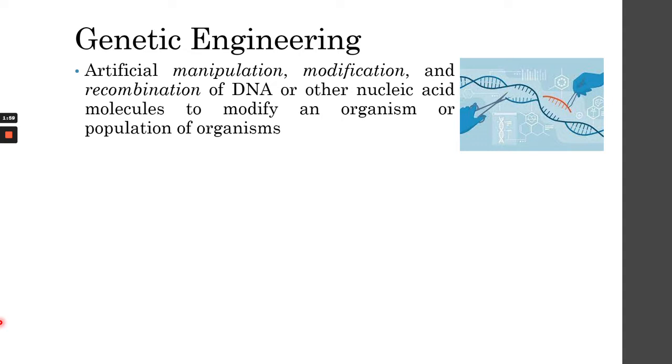DNA contains the information that the body needs in order to create proteins, and proteins are necessary for us to function. A lot of the things that happen in our body, and a lot of the physical characteristics that we have, are because of the proteins that were encoded, transcribed, and created from DNA and RNA.